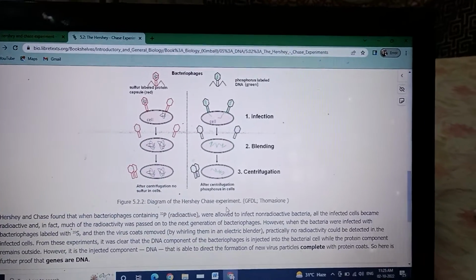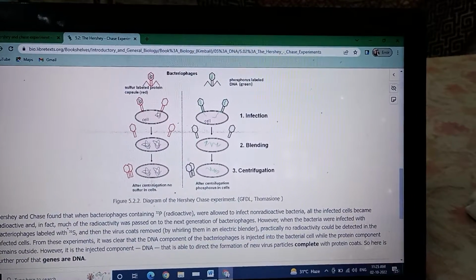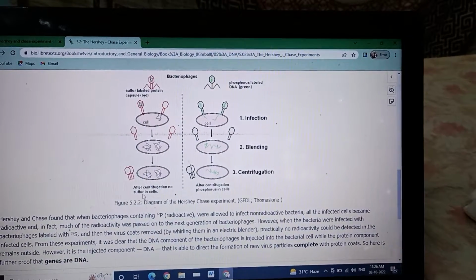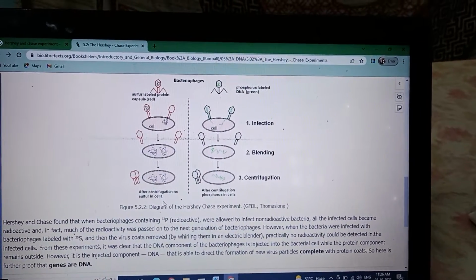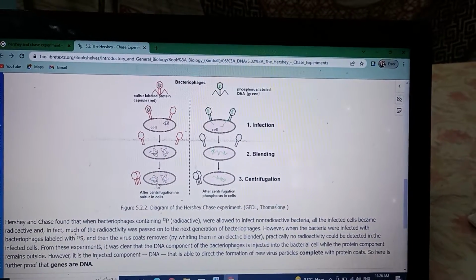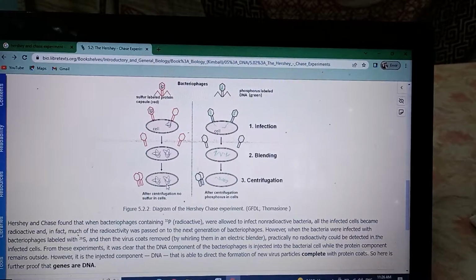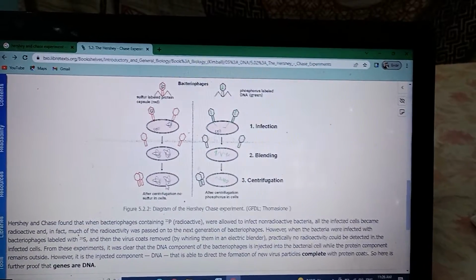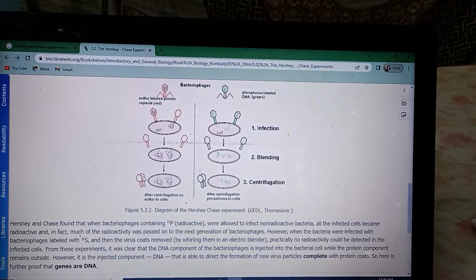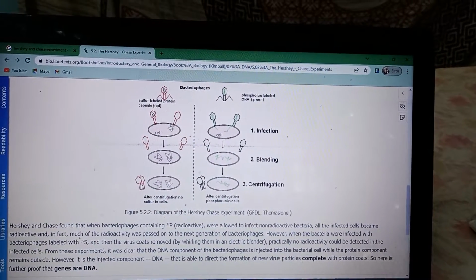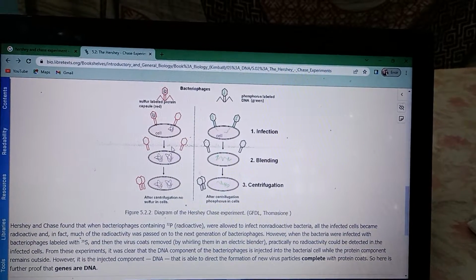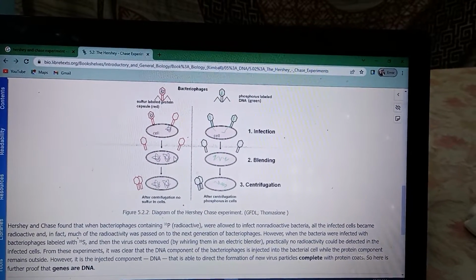Okay, so when the phage is radio labeled with sulfur, the result after centrifugation is that there is no sulfur in cells. Why? Because the sulfur only radio labels the proteins. The protein is present on the capsid membrane. So when we are blending, all the outer membrane, that is our proteins, are removed.